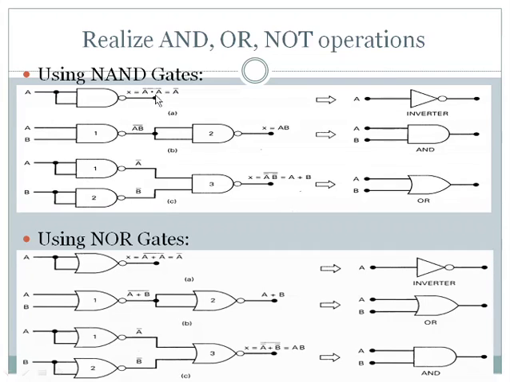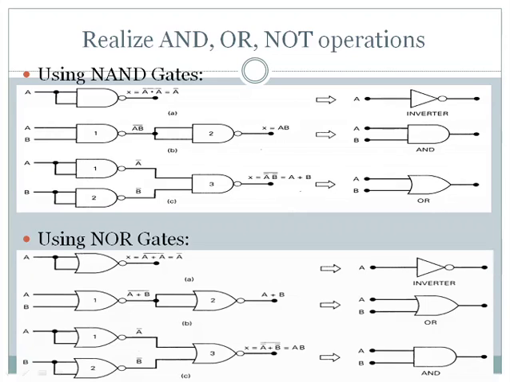And A dot A is A only. So then the output becomes x equal to A bar. That means output is A bar, input is A. So this circuit, I can say it performs NOT operation.